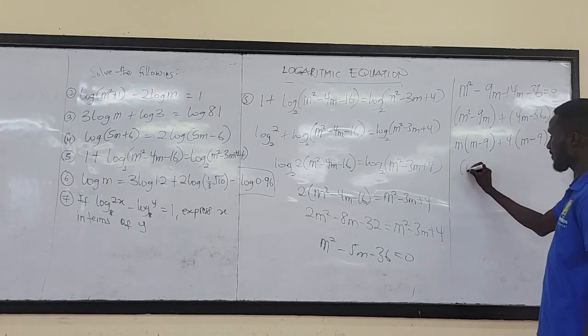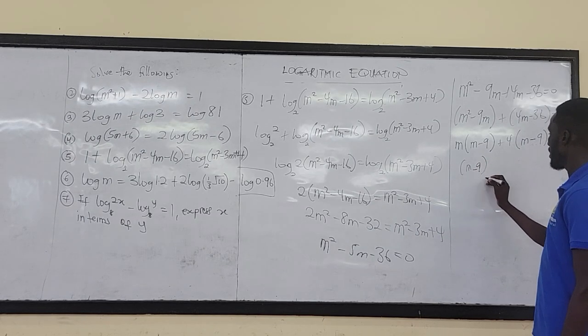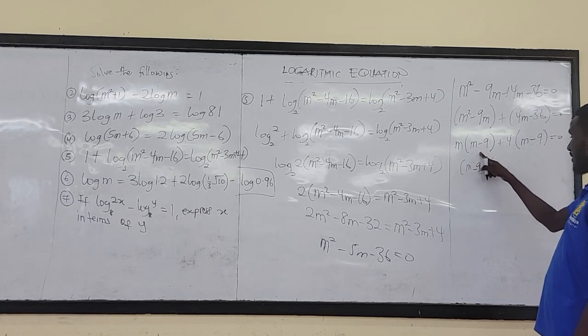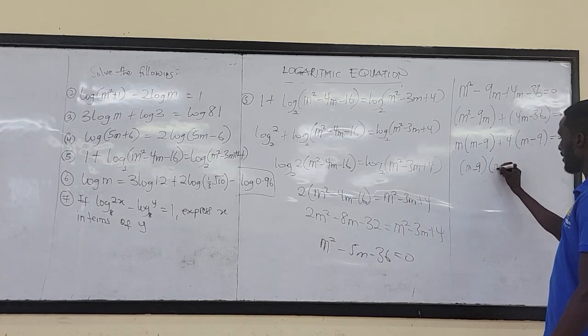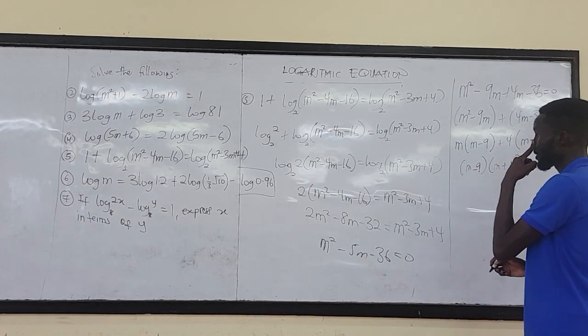So we have m bracket m minus 9, plus 4 bracket, 4 going into 9... 4 times 9 is 36. So we further factorize, and these two are common. So we have m minus 9. And then when we factorize the m minus 9, we're going to get m here and 4 here, equal to 0.